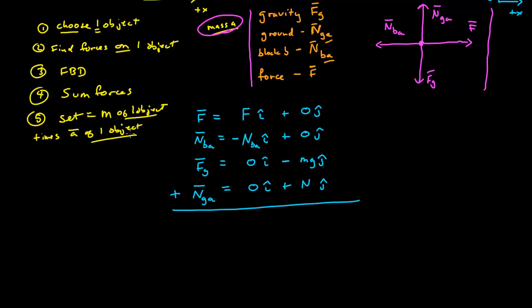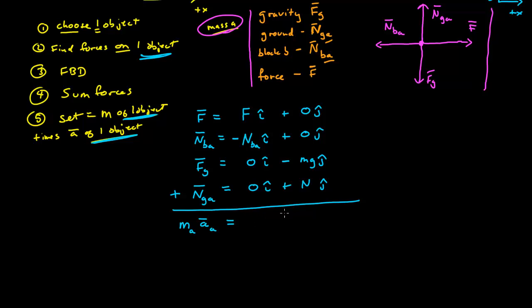And these are the sort of things I highlighted when we first introduced the second law, and now it really becomes important. And what I mean by this, so I vector sum these forces. What are these equal to? It's not just ma, it's equal to the mass of block A times the acceleration of block A. Again, Newton's second law says the vector sum of all the forces on one object is equal to the mass of that object times the acceleration of that object.